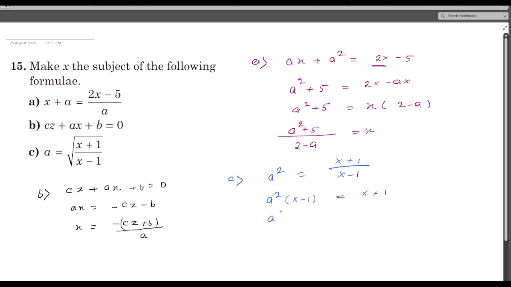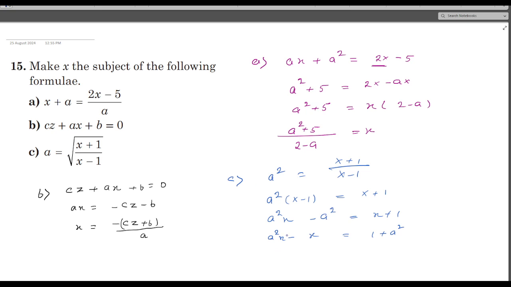So this is a square x minus a square, and this is x plus 1. Better subtract x from both the sides. So you have a square x minus x will be equal to 1 plus a square. So you have subtracted x from both the sides and added a square on both the sides, or you transferred x from right to left and minus a square from left to right.